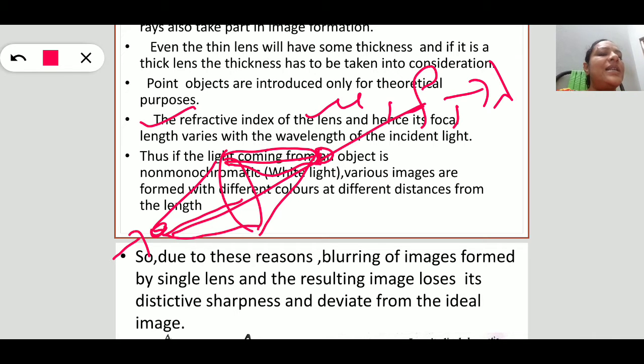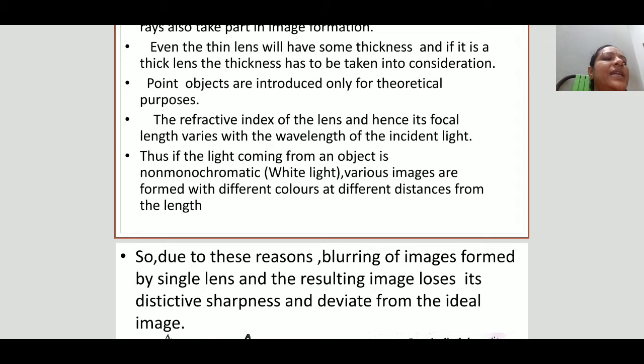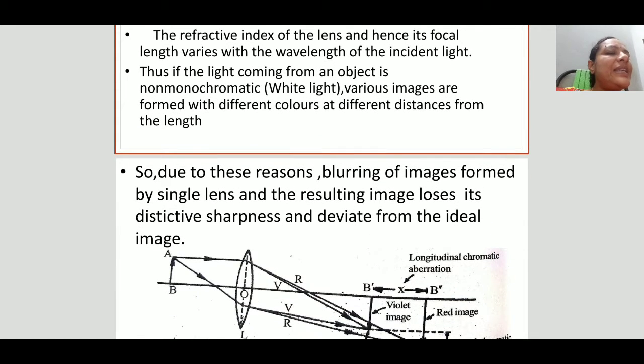Due to this reason the image is a colored image, formed with different colors. So this is also one defect in the image, and due to this we can't get a clear image of a point object.